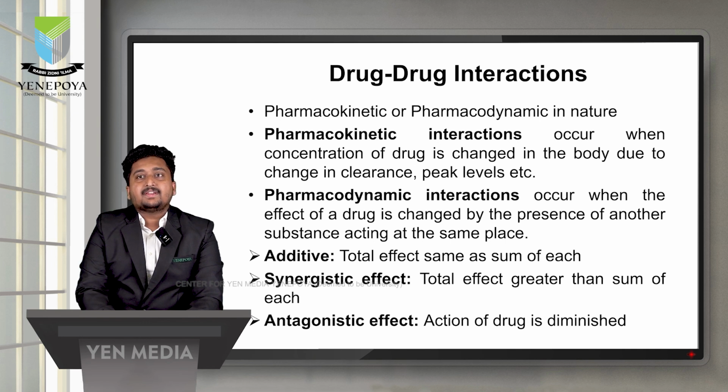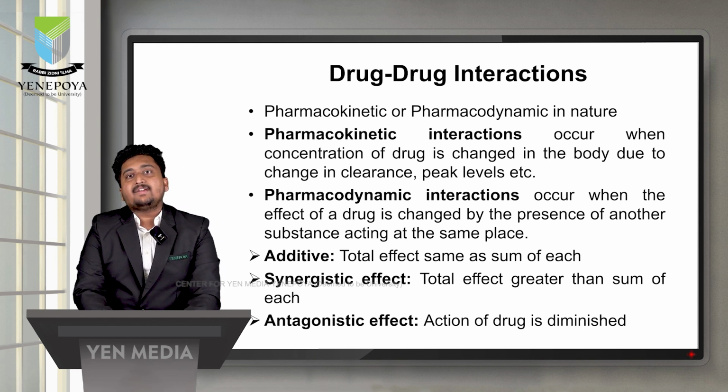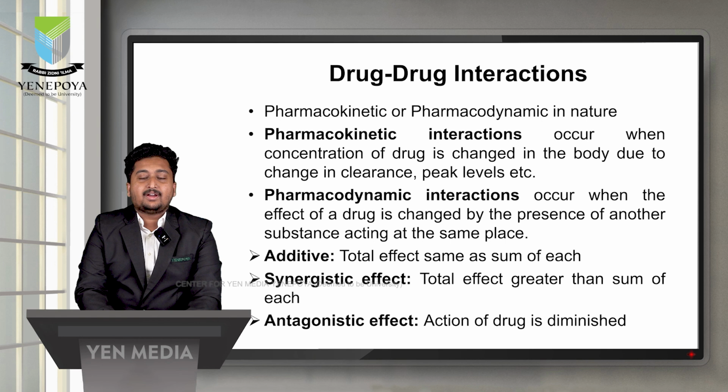In the sense that if we are giving two drugs together, it is nothing but the efficacy of one drug plus the efficacy of another, combined together to give a total effect. Whereas a synergistic effect is a total effect greater than the sum of each. I already said that drug interactions could be beneficial if we use the combination in the right way, so that one drug can enhance the action of the other drug, and potentially the overall effect is much more than the individual drugs.